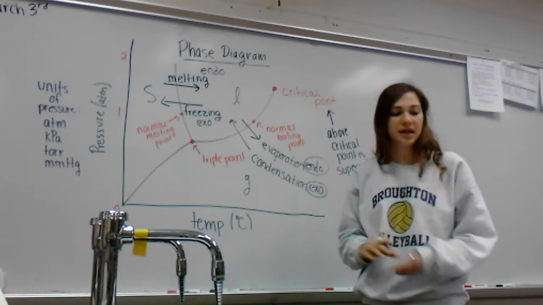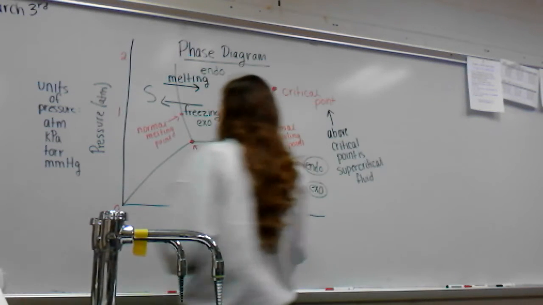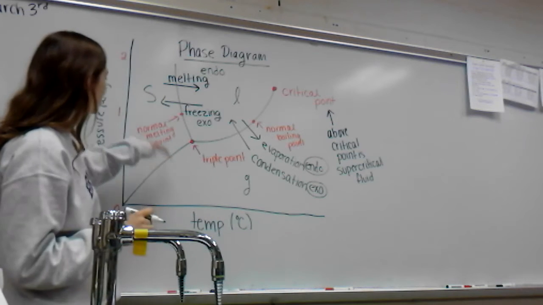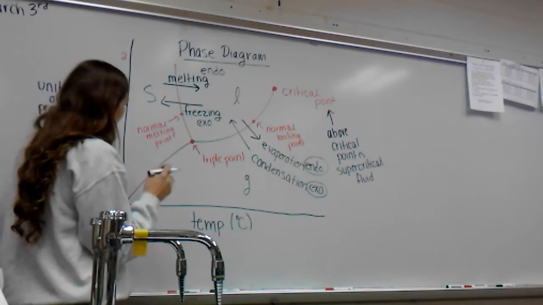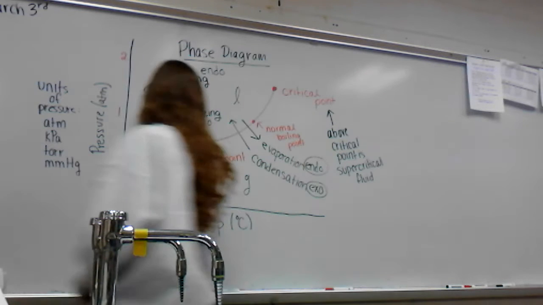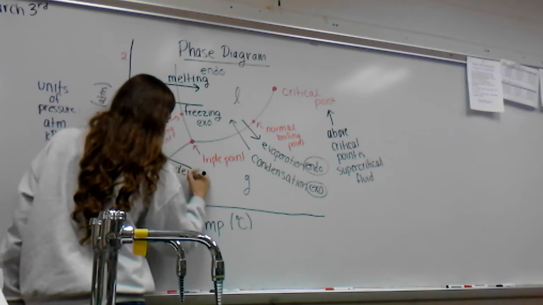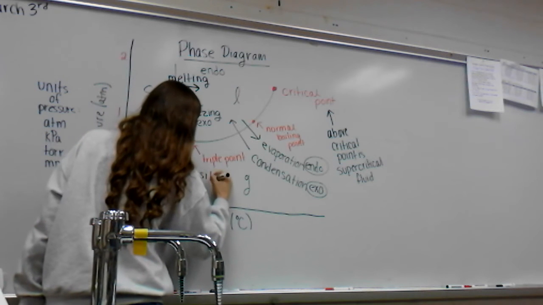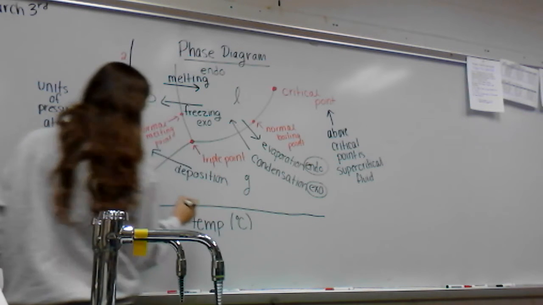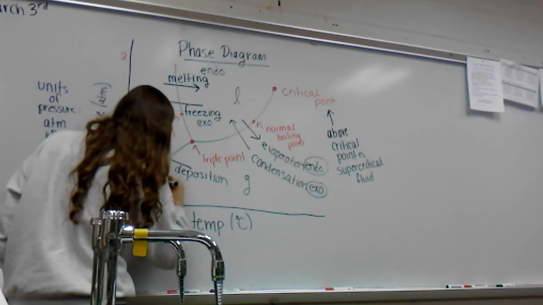You probably know the names of those four different phase changes. But what we need to do is also know the names of the phase changes from solid to gas and gas to solid. So as we go from gas to solid, this is called deposition. As we go from solid to gas, this is called sublimation.